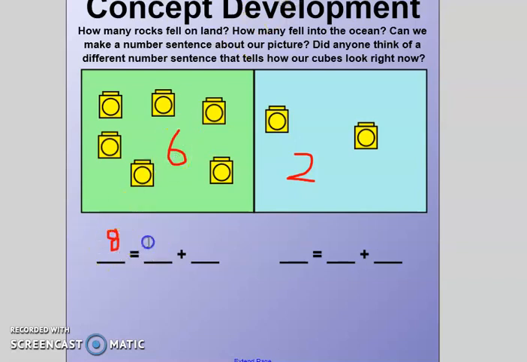We're going to just type it, so you can get a better picture of what the number sentence should look like. So we said 8 was our whole, right? Equals how many space rocks were on land? These ones right here. 1, 2, 3, 4, 5, 6. Very good.